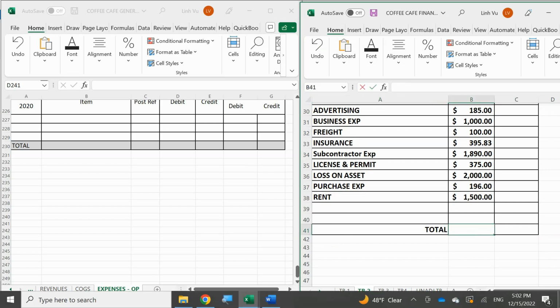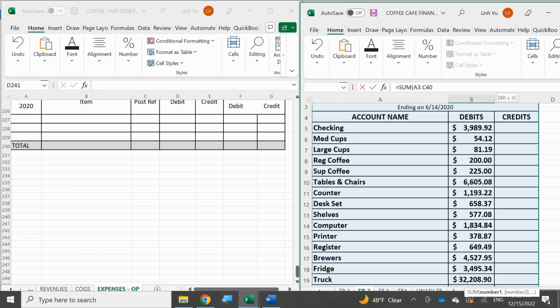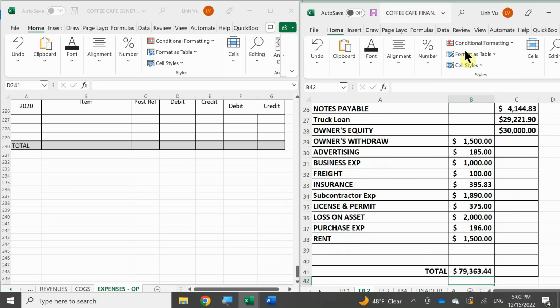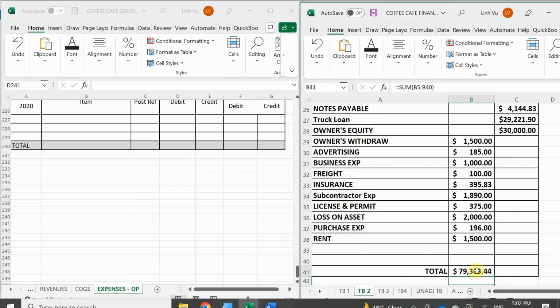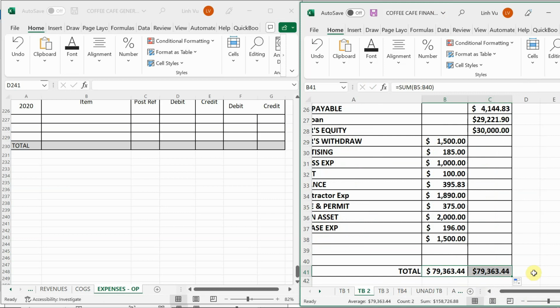So what I'm going to do is practice doing my AutoSum because I need to tally up all my total debits and my total credits. So again, I'm going to create the formula here to get me my total debits. Okay. And then I'm going to also copy and paste that over to my credit side, right?